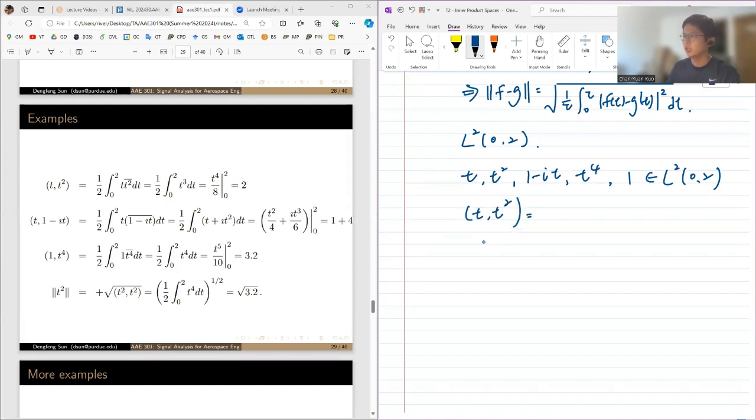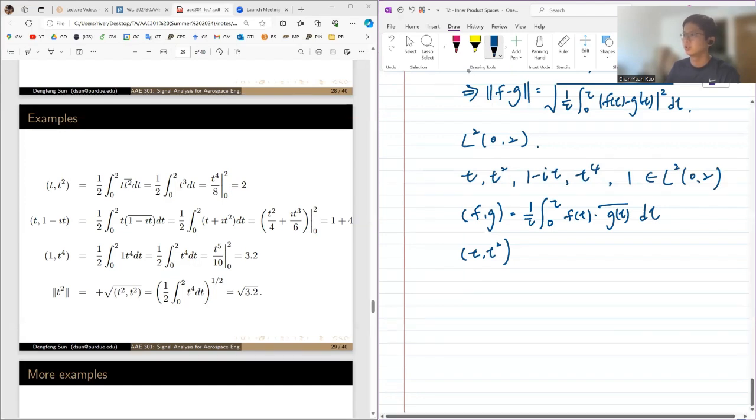So let's follow the definition first. The inner product of f and g will be 1 over tau, integral from 0 to tau, of f(t) times the complex conjugate of g(t) dt.